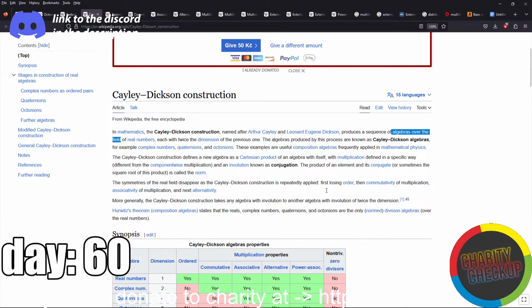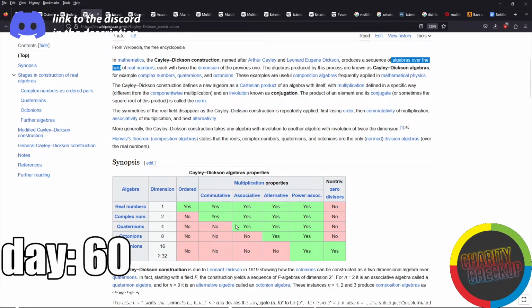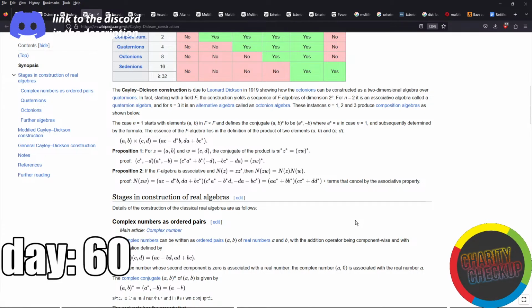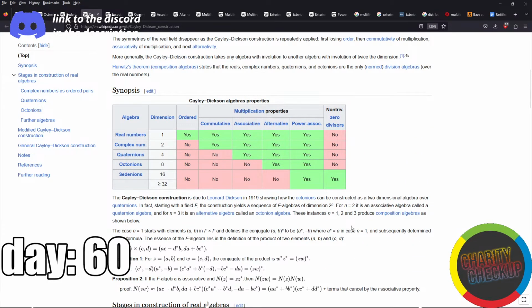Multiplication works up to complex numbers, and powers don't work at all. Great. Wonderful.